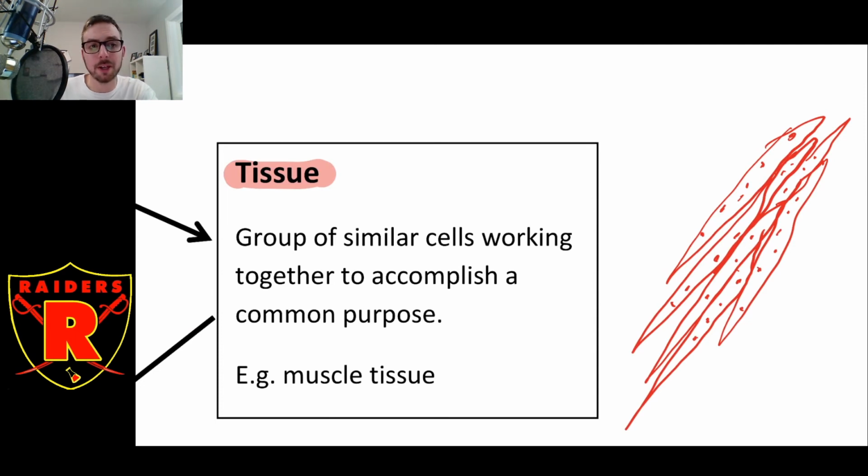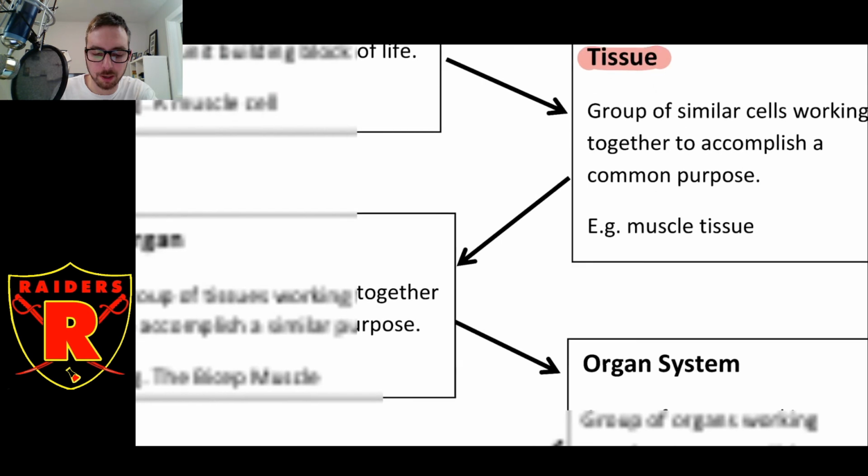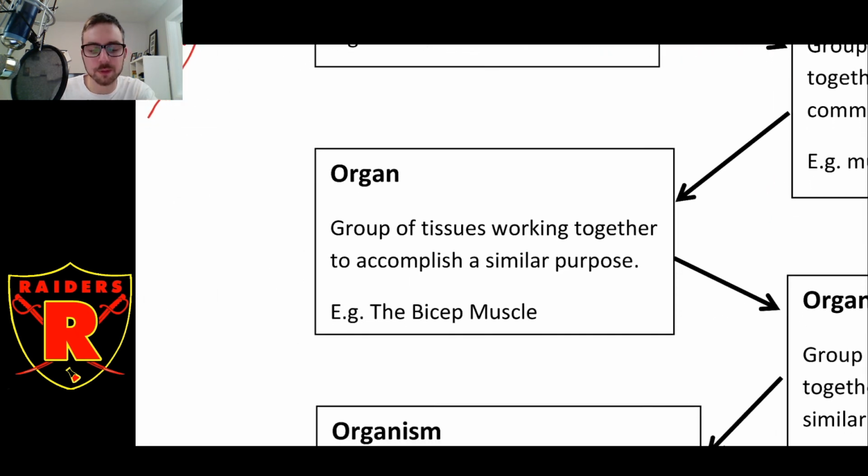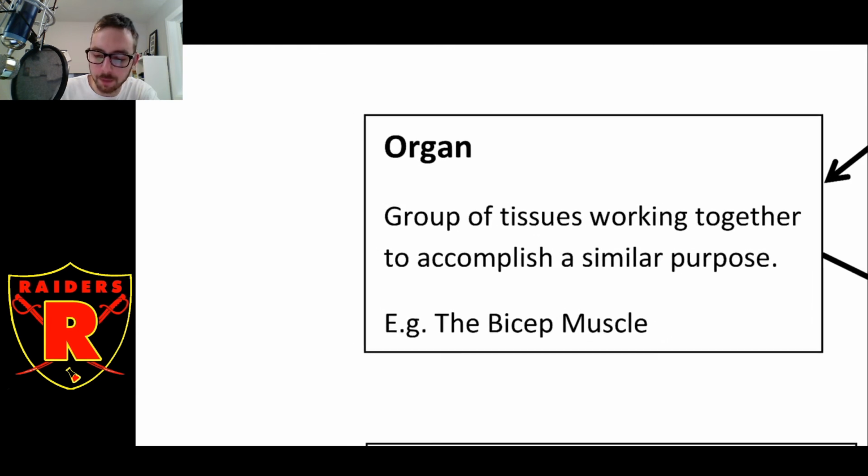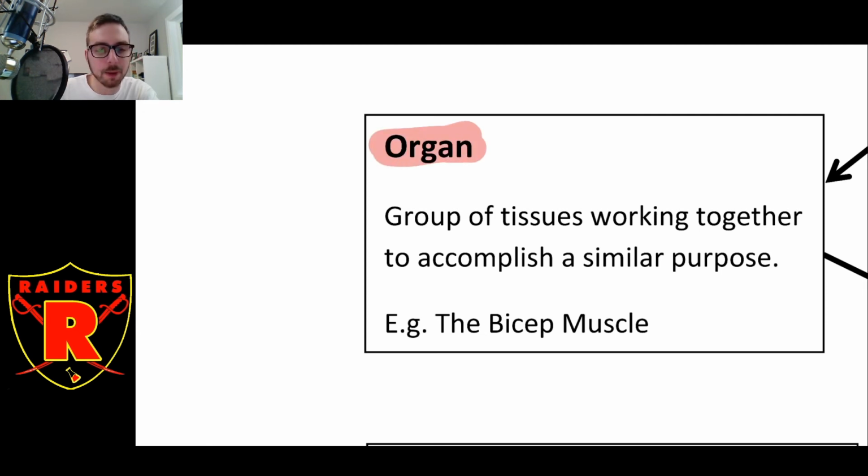Now you can go up another level of organization and you can get a number of tissues coming together. And that forms something called an organ. So an organ is a number of tissues coming together. A good example, and I'm going to keep following my same example, is a biceps muscle.